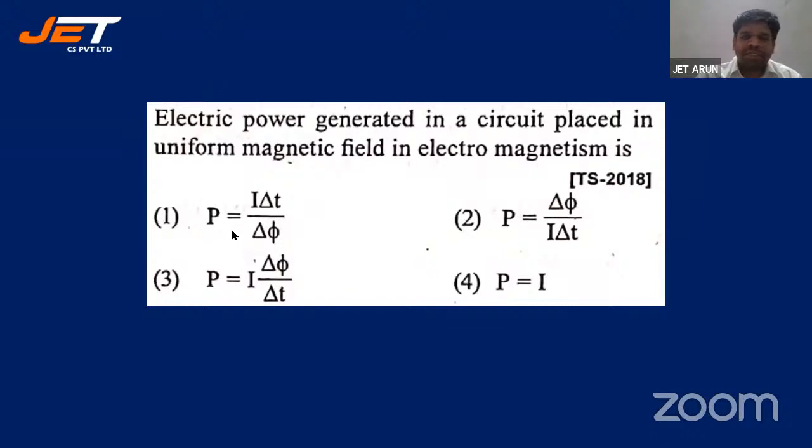Electric power generated in a circuit placed in uniform magnetic field in electromagnetism is power generated, students. Power generated. How do you write the equation? Okay, response is already good.